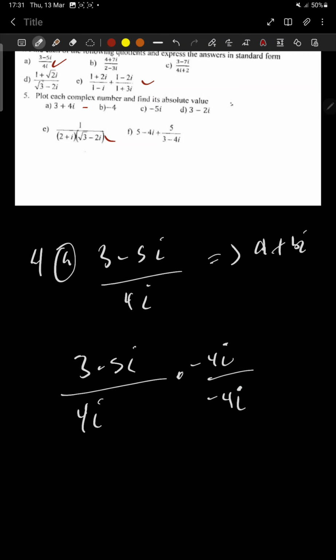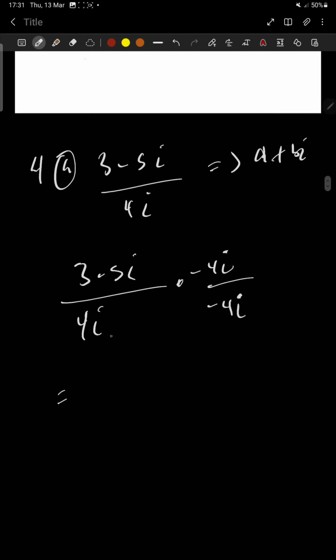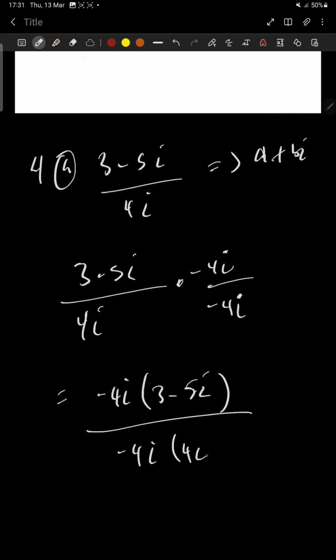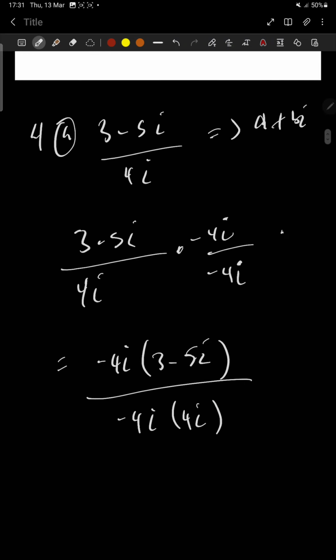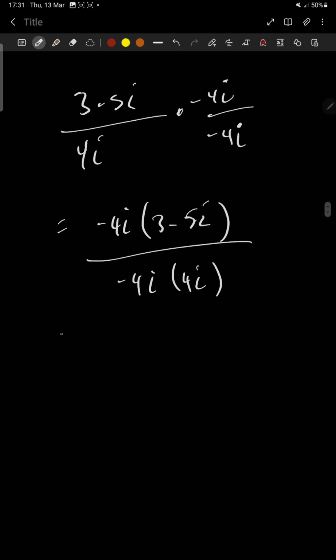Some classes would do this. So you can expand. This will be negative 4i multiplied by 3 minus 5i over negative 4i times 4i. If you want, you can pick i and i, or if you want, you can pick 4 and 4 positive, it's alright.